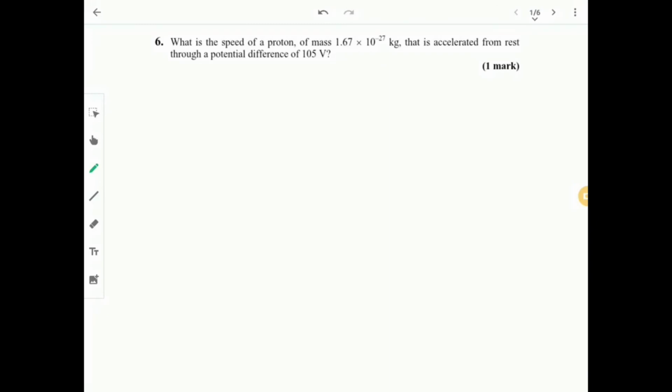Now we should remember conservation of mechanical energy, and we should know the formula for delta U, which equals Q delta V. You may be thinking, what's Q? Well, for a proton, it's 1.6 times 10 to the power of minus 19.